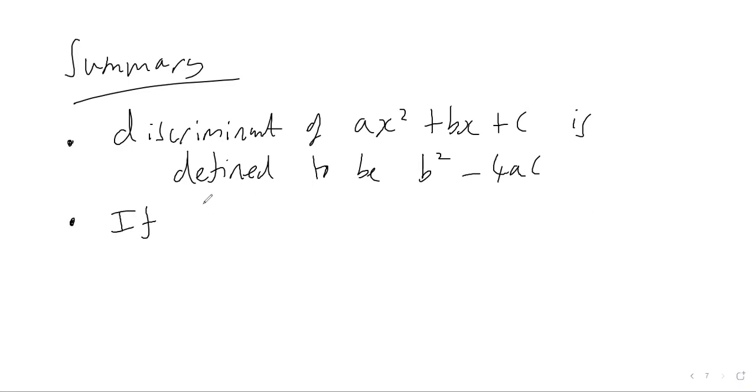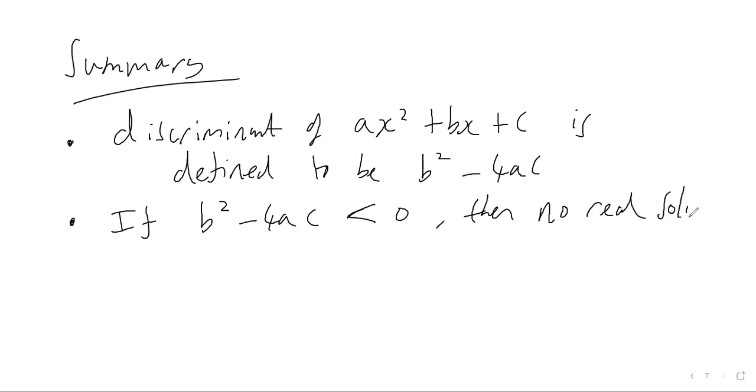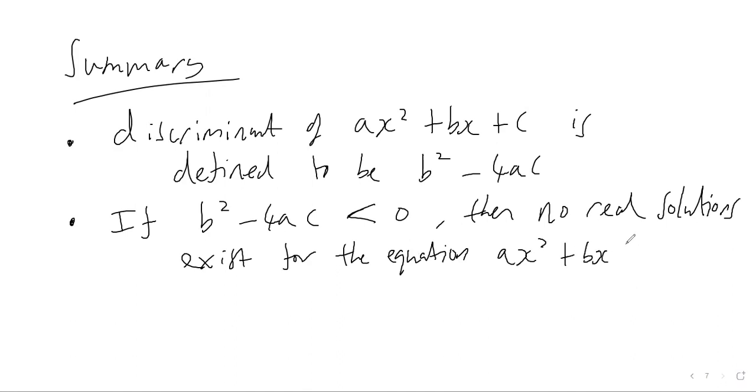If b squared minus 4ac is less than 0, then no real solutions exist for the equation ax squared plus bx plus c equals 0.